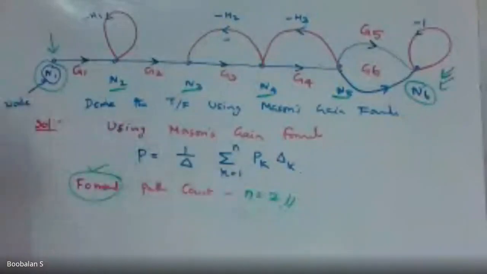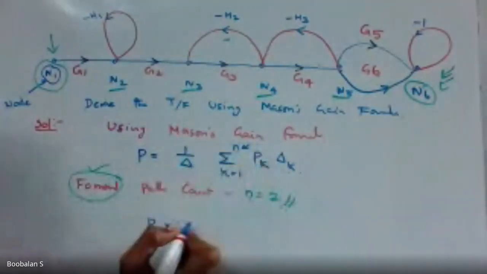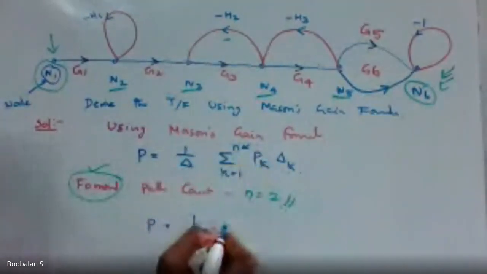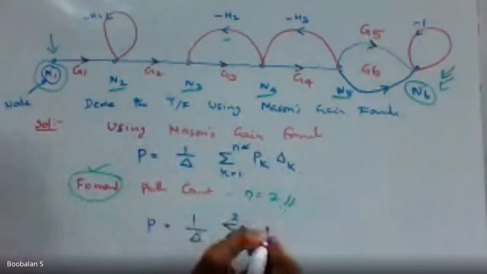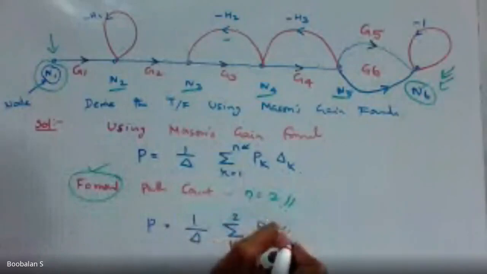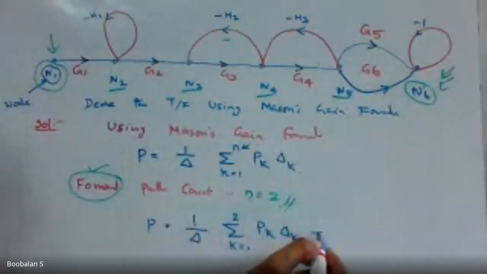Once you find those forward paths, just substitute them in our Mason gain formula. Just substitute n equal to 2 in the summation of P k del k. Then expand this formula.